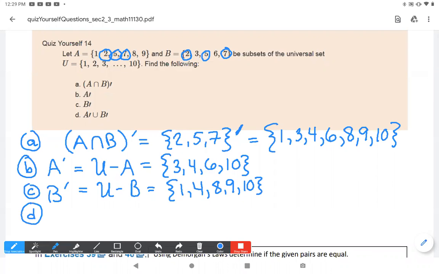And part D asks us to take the union of the two sets that we just took complements of. So A complement union B complement. So if we union these two sets, we can at first just write everything down.